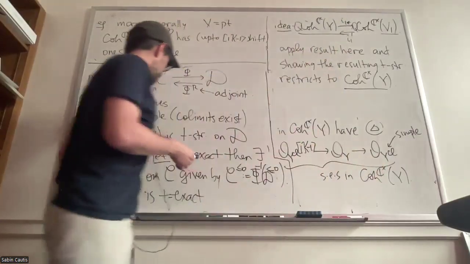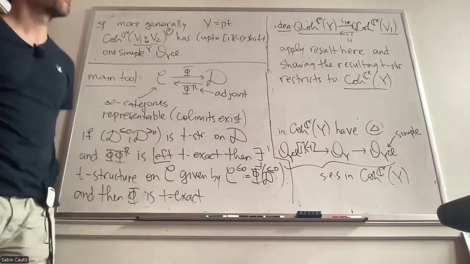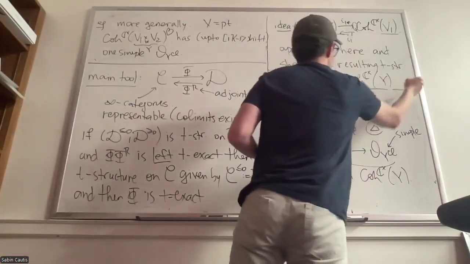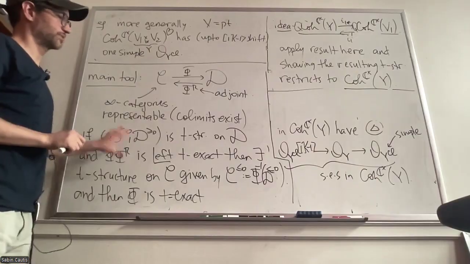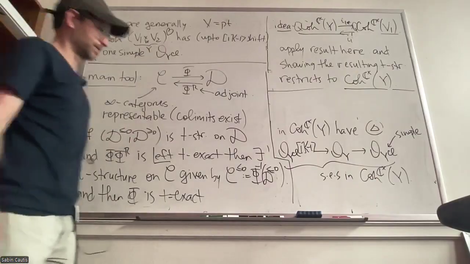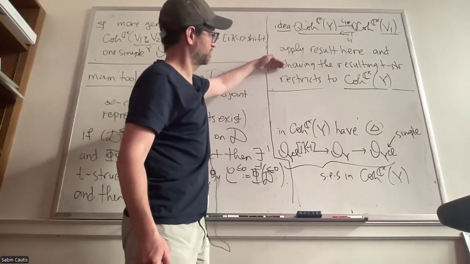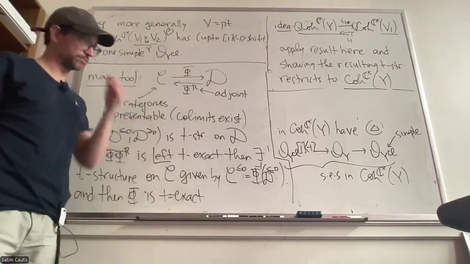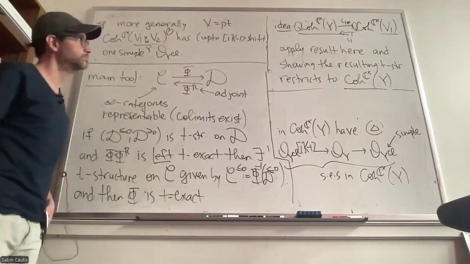And it's also fairly easy to show that this is left T exact and so on. So of course, there's a bunch of details to fill in, but it's just an application of this concept, with the hard part, in fact, being checking this second part, that it restricts to the subcategory of coherent sheaves.